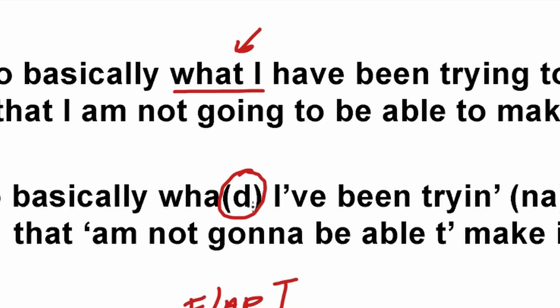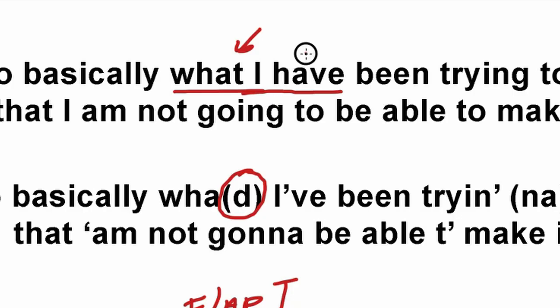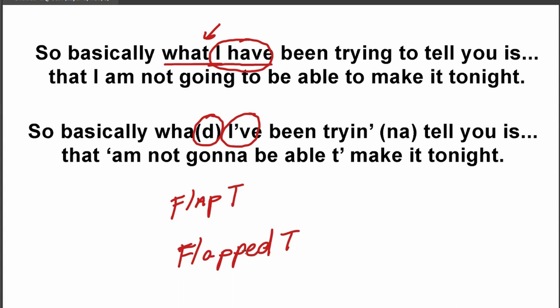And this is going to allow us to put these three words together. These three words together, when I turn that T sound into a D, it's going to sound like this. What I've. If you notice, I took I have, and I've created what we call a contraction.